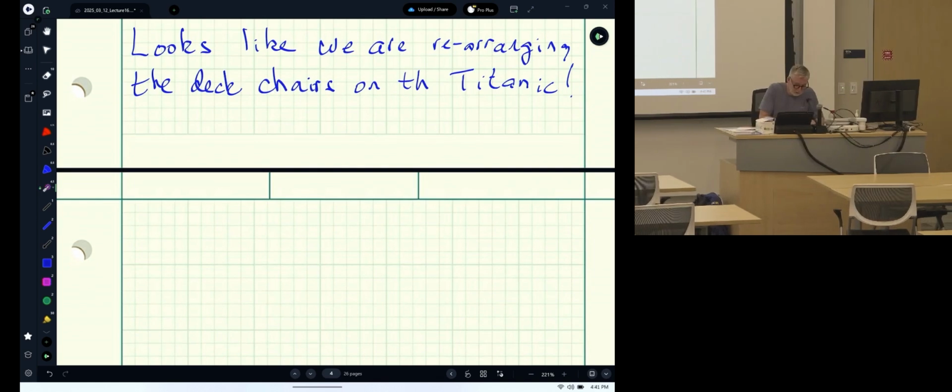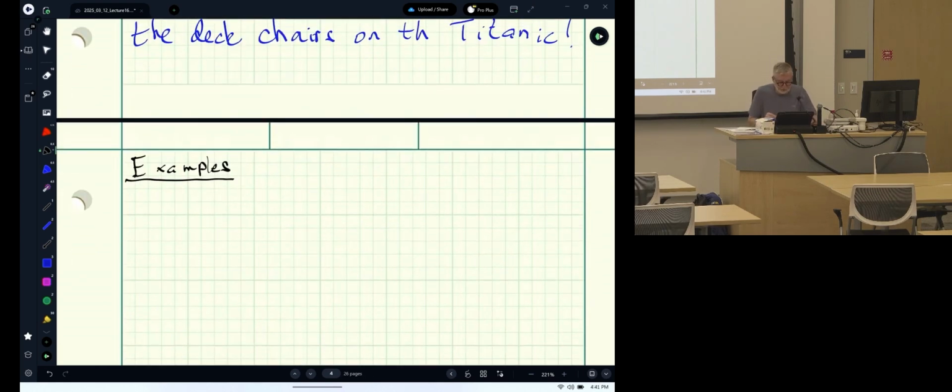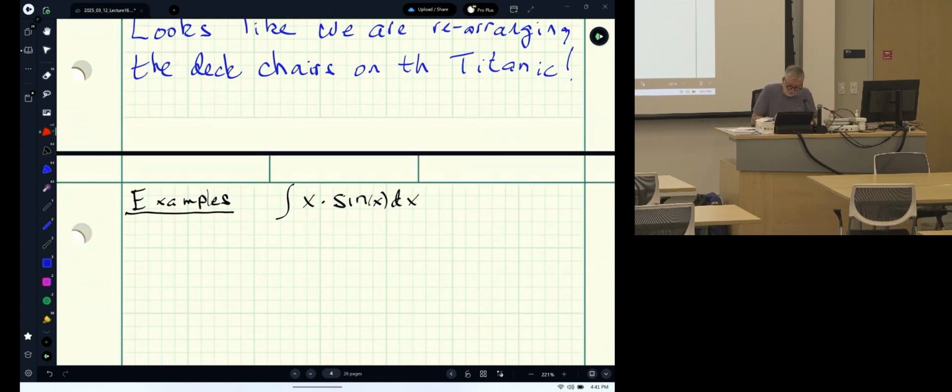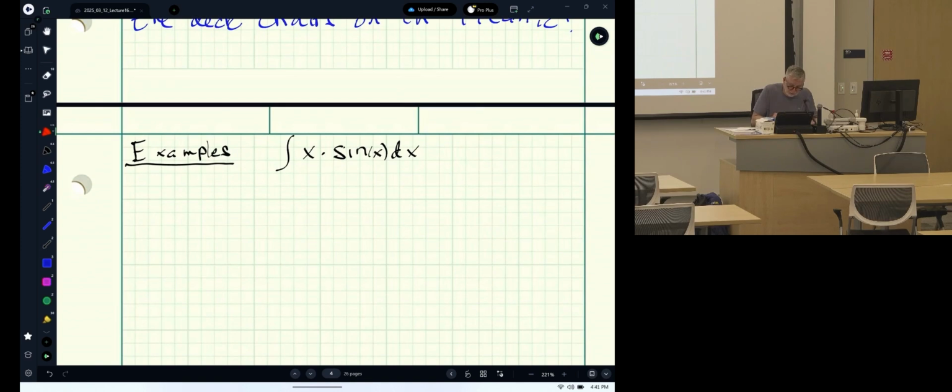So let's just start doing examples to get the hang of it. I want to find an antiderivative of x times sine of x dx, and I want to use integration by parts. So the integral of u dv equals uv minus the integral of v du.